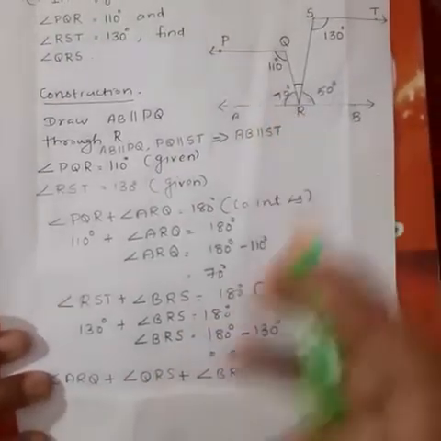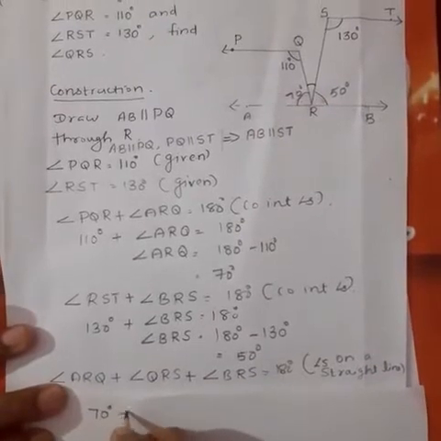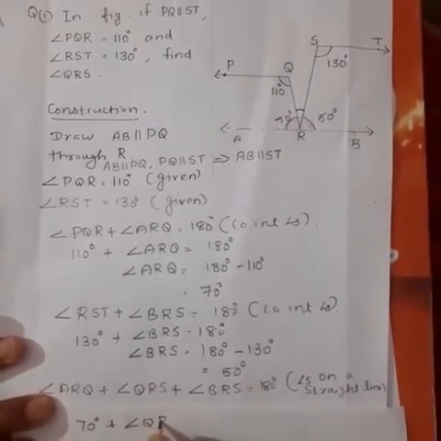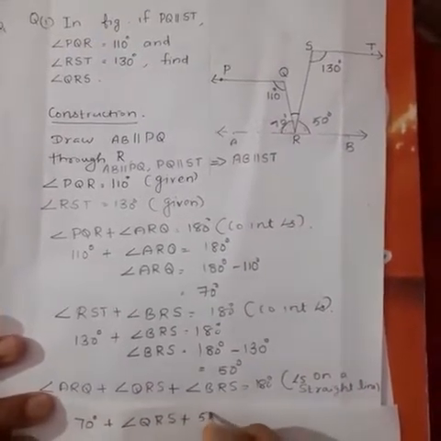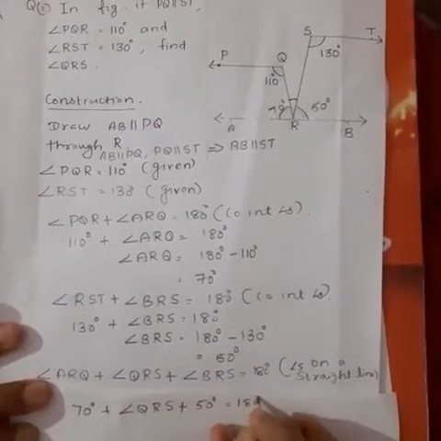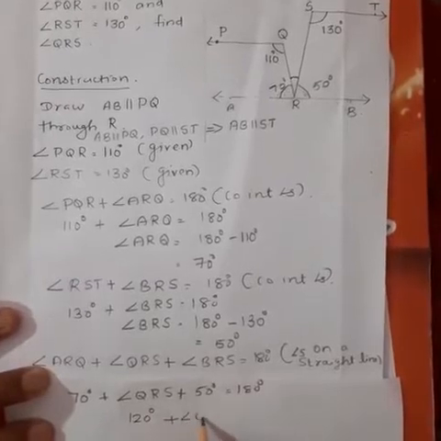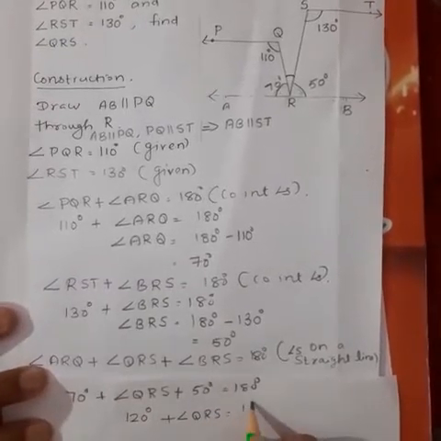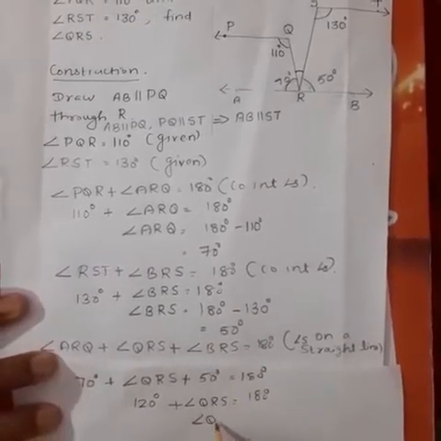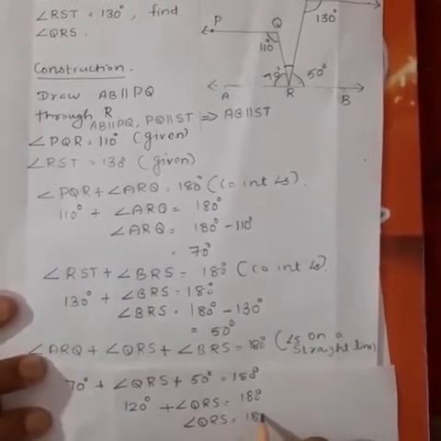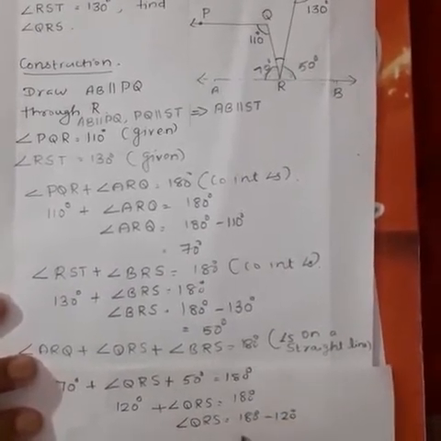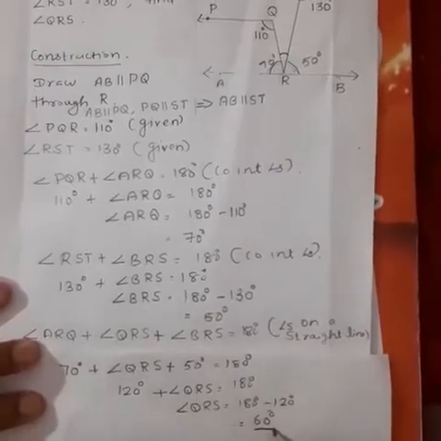So angle ARQ is equal to 70 degrees, QRS we have to find out, plus BRS equal to 50 degrees, that is equal to 180 degrees. 70 plus 50 is 120 degrees, plus angle QRS is equal to 180 degrees. So angle QRS is equal to 180 minus 120, which is equal to 60 degrees. So this is the answer.